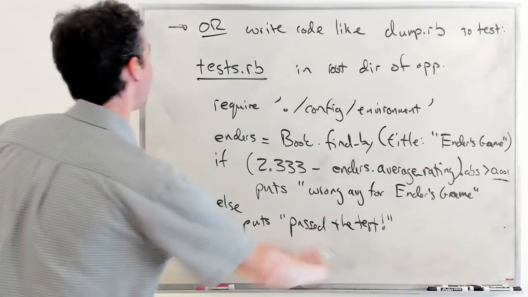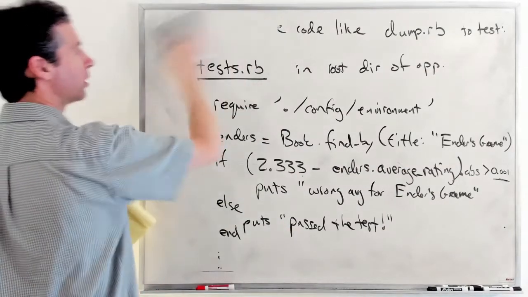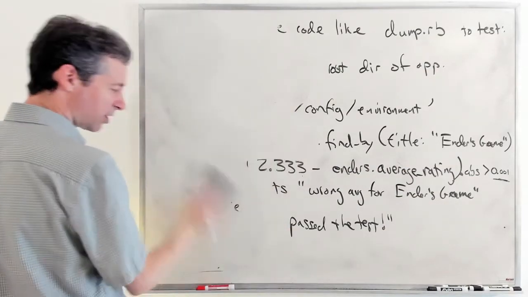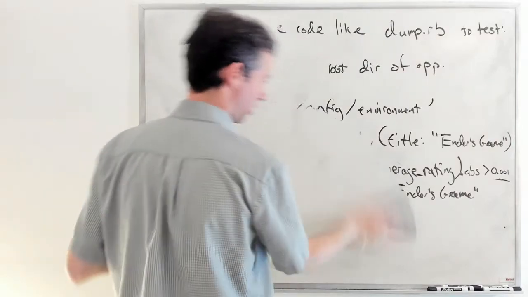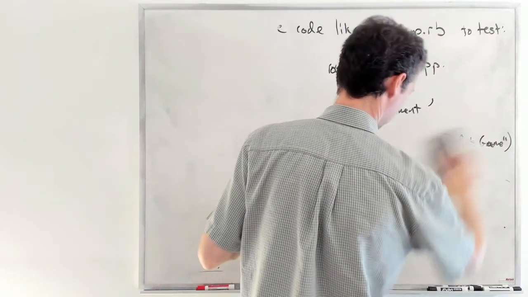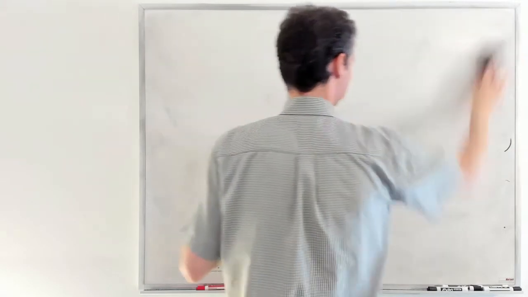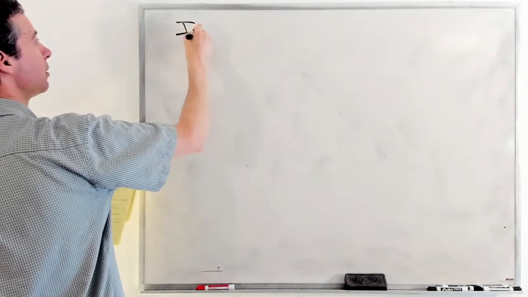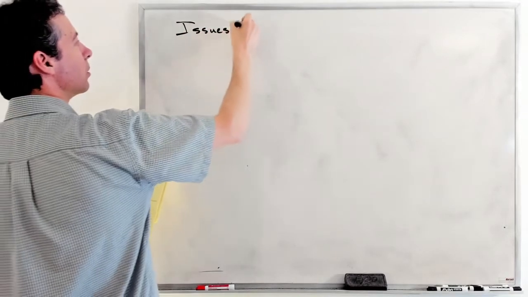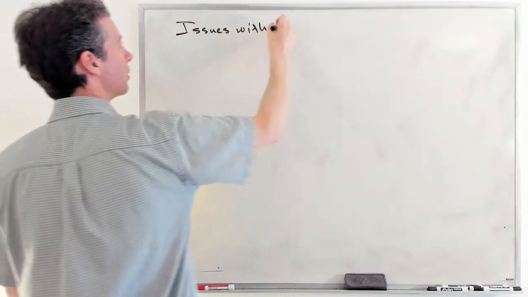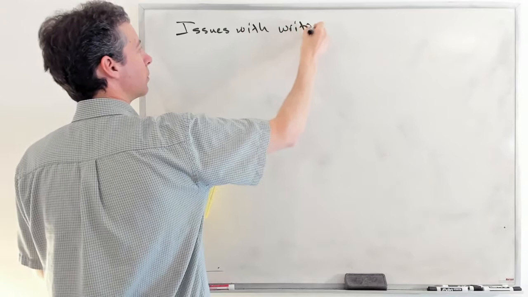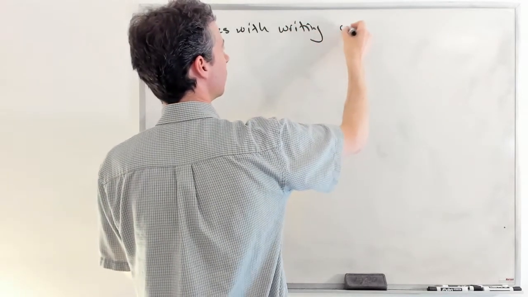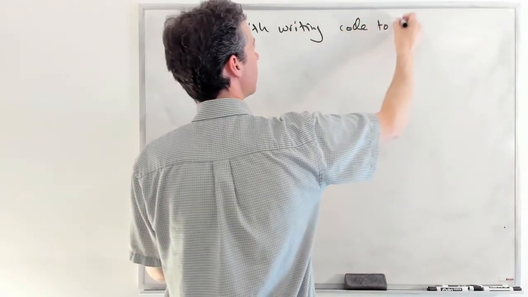All right, so anyway, what are the issues with writing code like this? It looks pretty good. I already talked about the one issue, you can't have bugs in it, but that's not really the big issue. The big issue, so issues with writing code to test code.